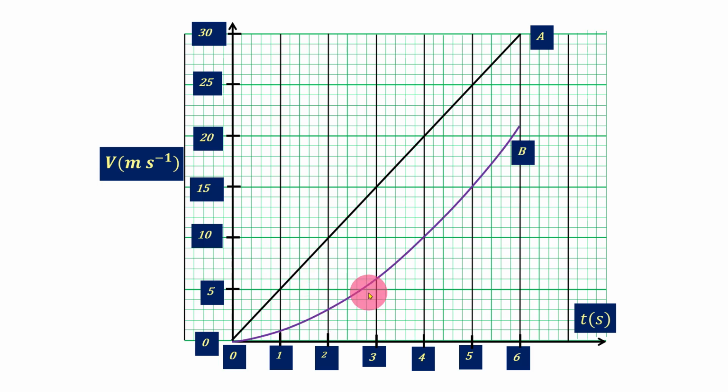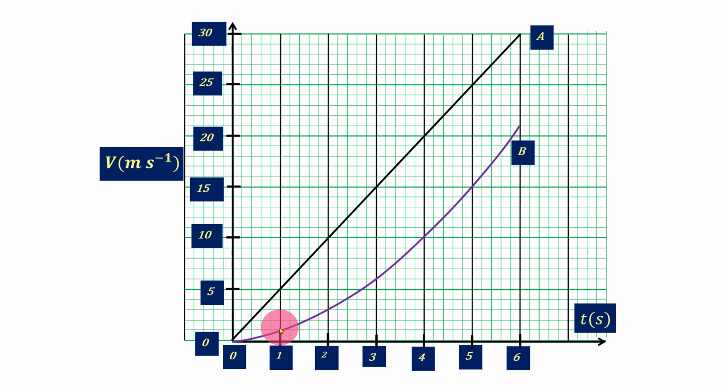Supposing we are given this object here, again we can see that the initial velocity is 0, so it starts from rest. Then how does its velocity increase? Let's check. In the first 1 second, it increases from 0 to 1 meter per second.